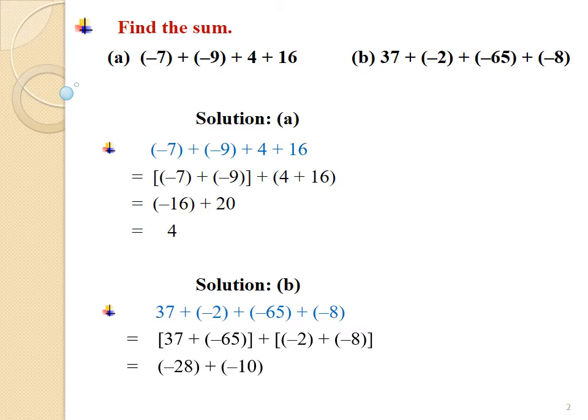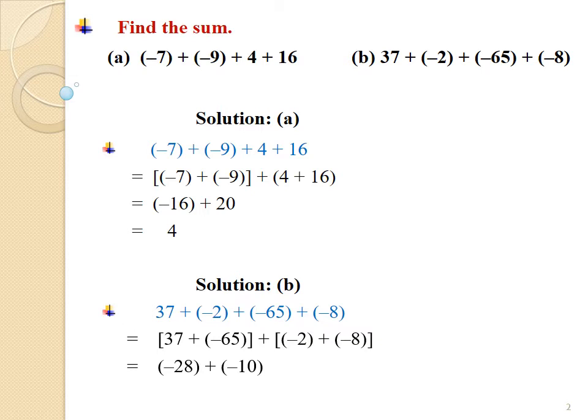Students, now we have to add the integers as both the integers minus 28 and minus 10 have minus sign. Thus adding 28 and 10 as a whole number by ignoring the sign, we get 38.